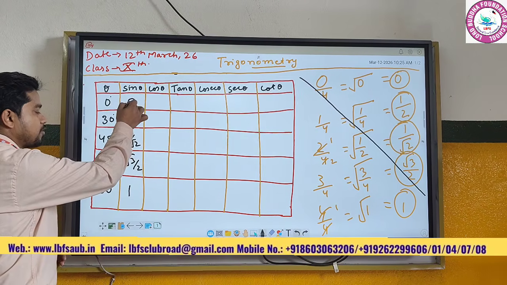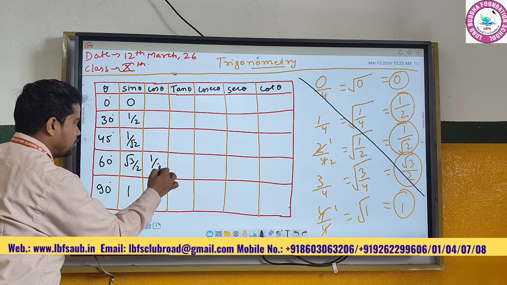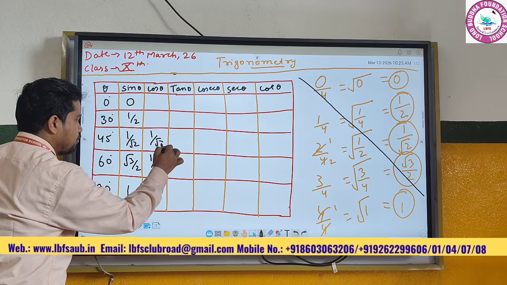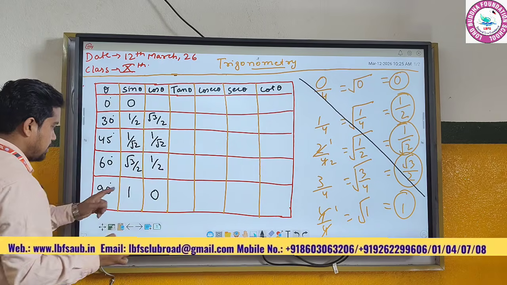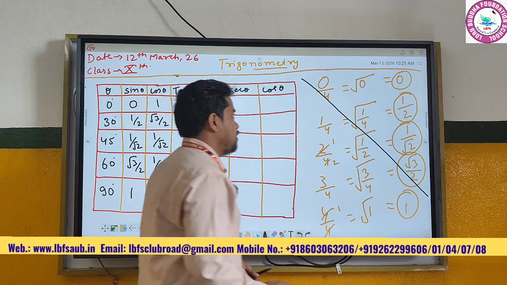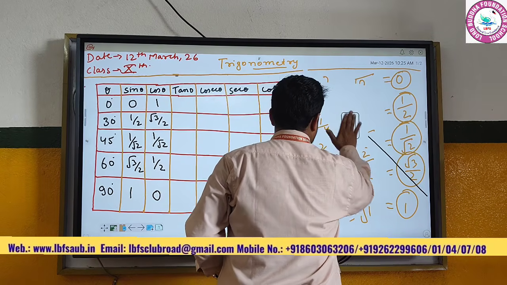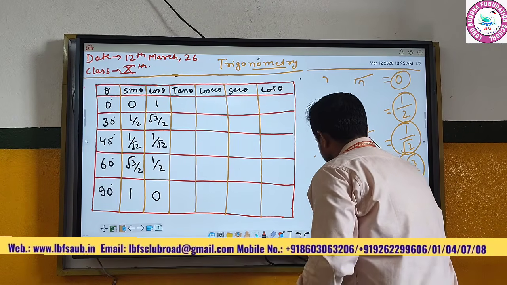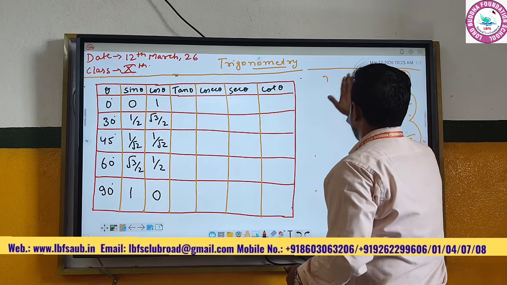Here it starts from 0, so here it will start from 0, 1 upon 2, 1 upon root 2, root 3 upon 2, and here it is 1. Okay, you have made it. Now you can erase it. It is our rough work.